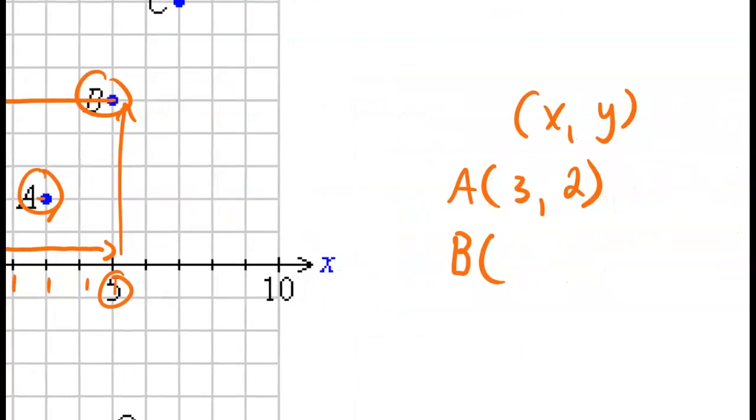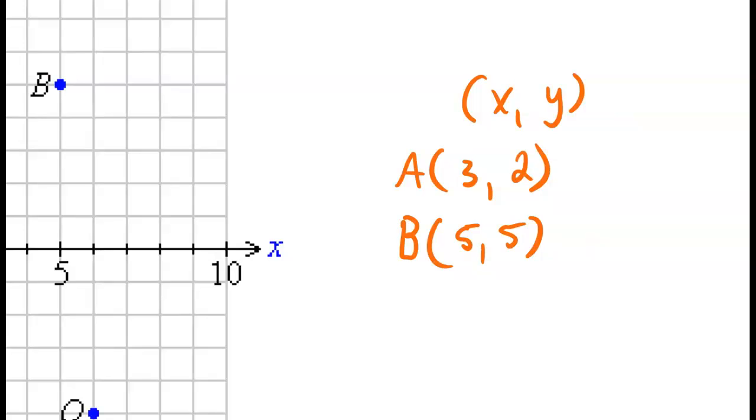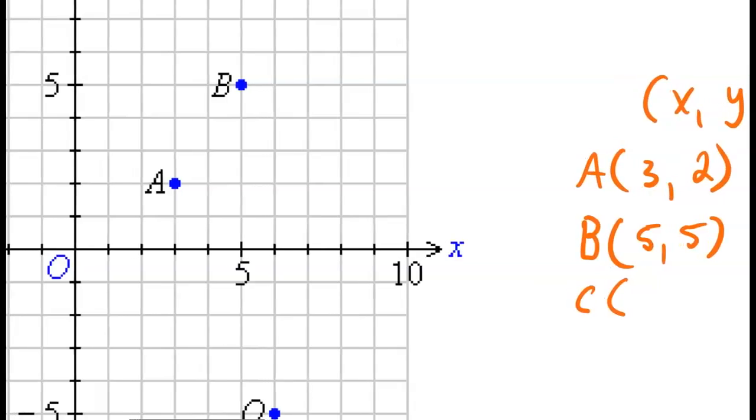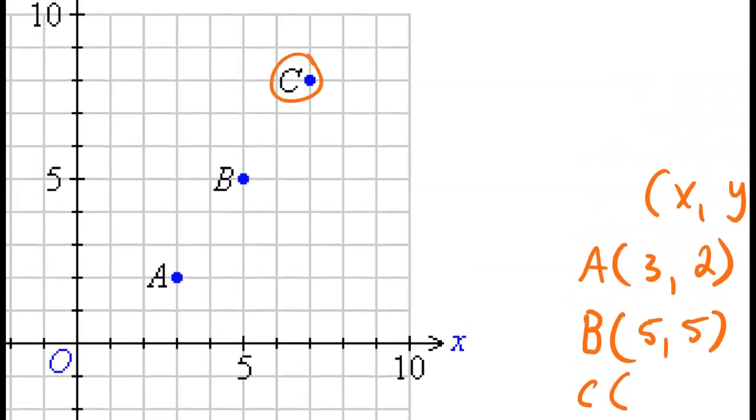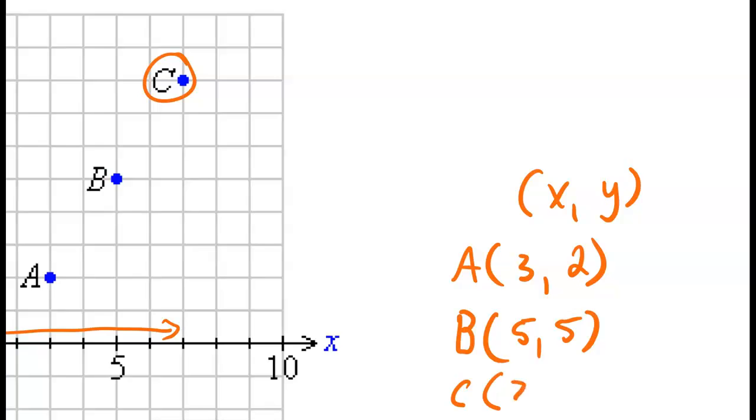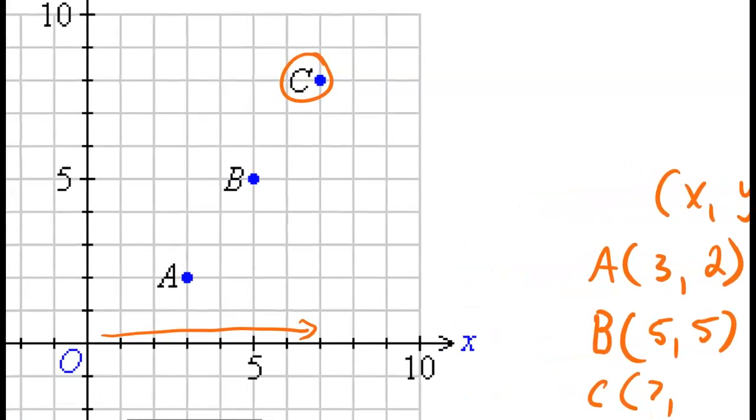So we're going to have B at (5, 5). The next point we're going to look at is C. So open your bracket. Now we have to find where C is. C is right up here. So we move over to the right 7, and then we move up 8.